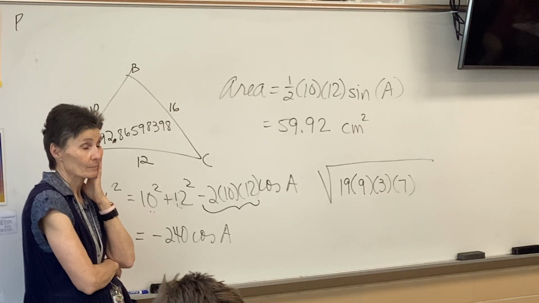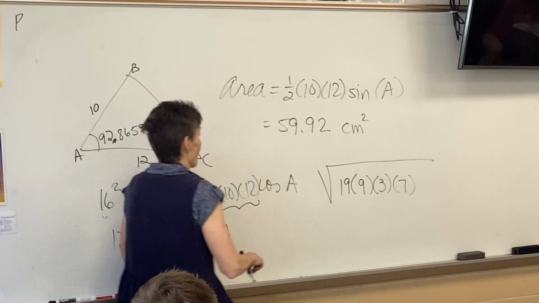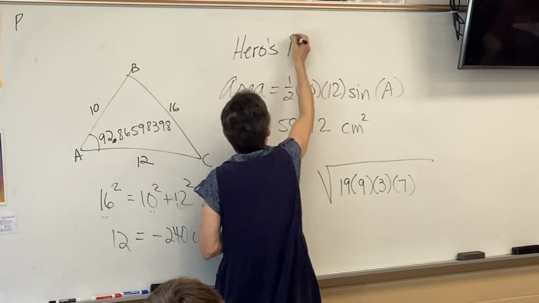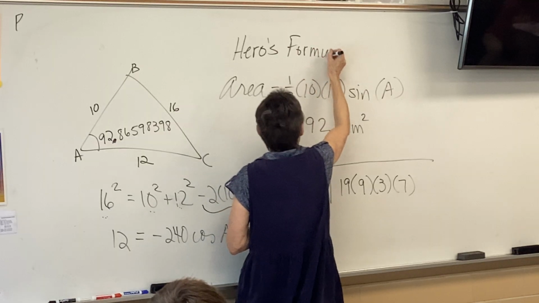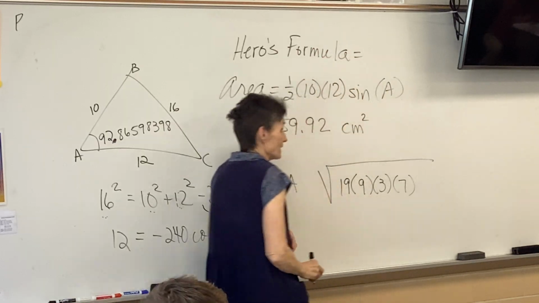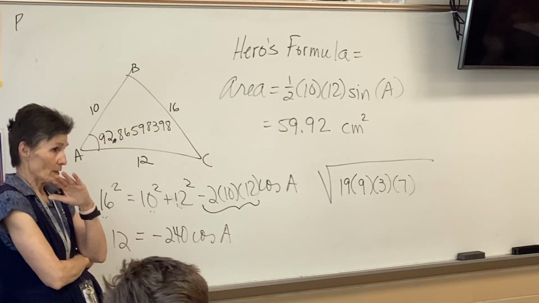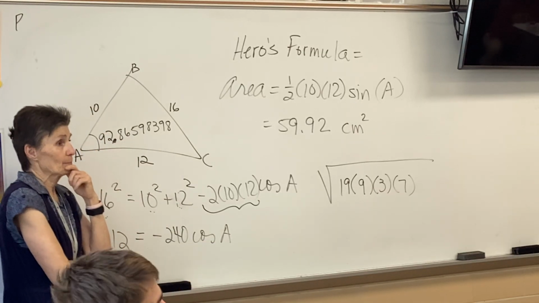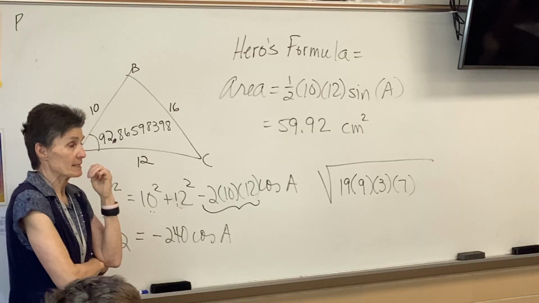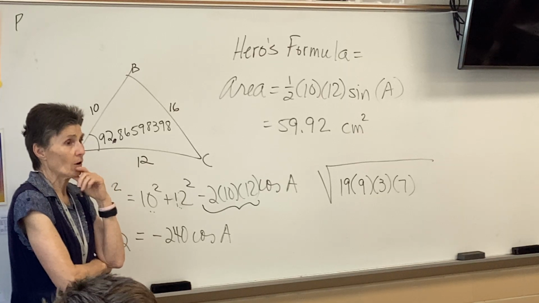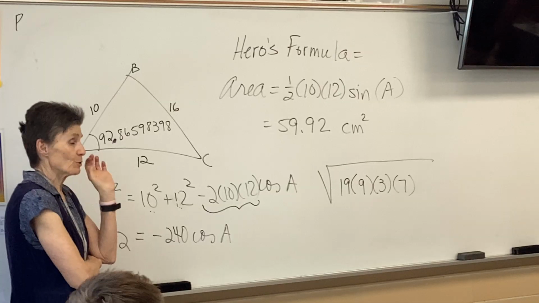Yeah, I don't know how you find all that. Like, where you get that from, the 3 and 7. We have another way of finding area, which we only use if we have all 3 sides. There's way too much round off error involved if you use it otherwise.